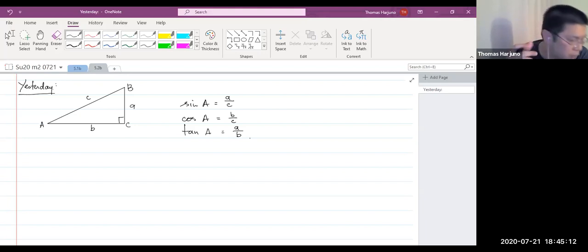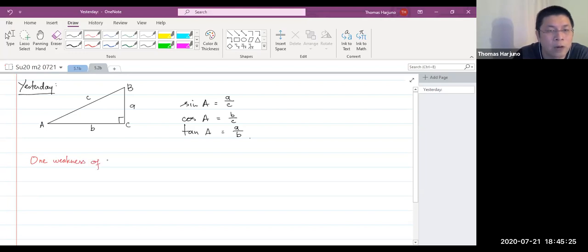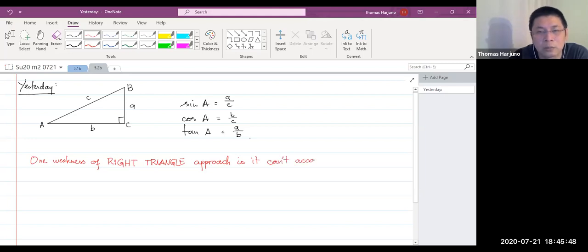But there's a weakness of this right triangle approach. One weakness of the right triangle approach is it cannot accommodate an obtuse angle.